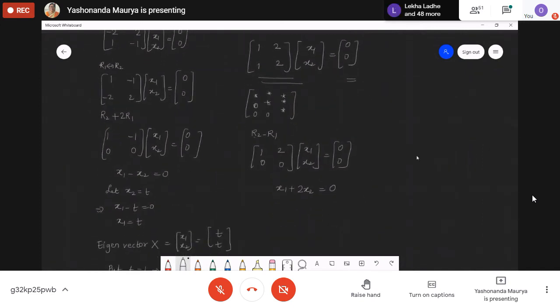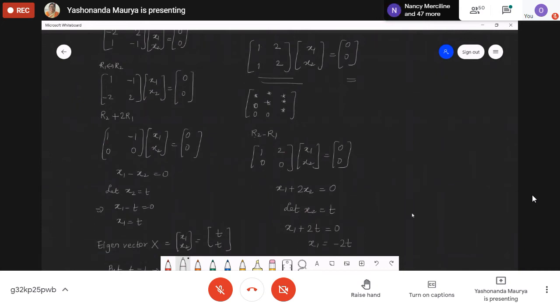Now we have to initialize one of the variables. Whichever variable we want, we can initialize. I'll prefer initializing x2, so let us put x2 as t. Therefore x1 plus 2t is equal to 0, so x1 is equal to minus 2t.